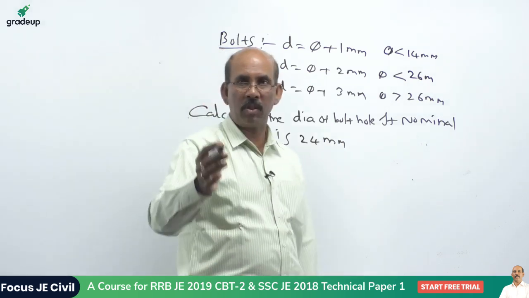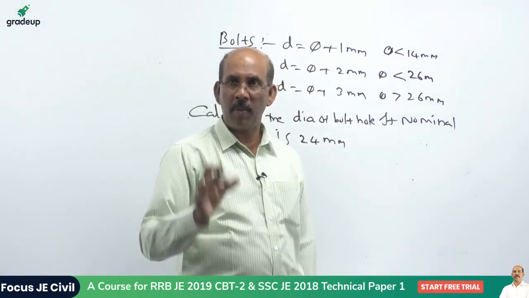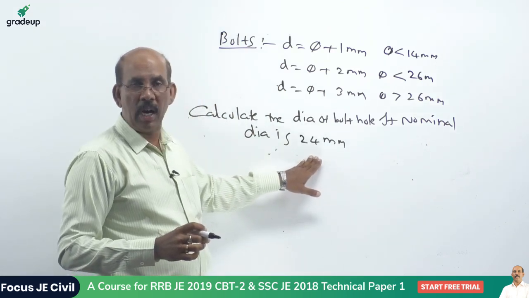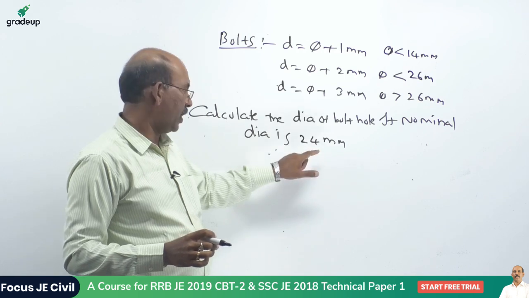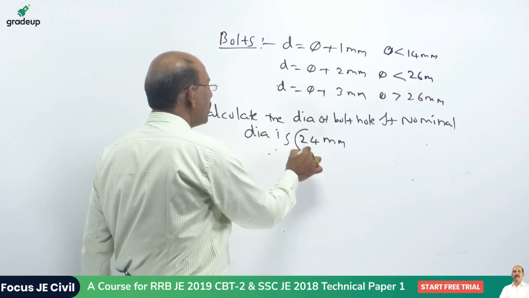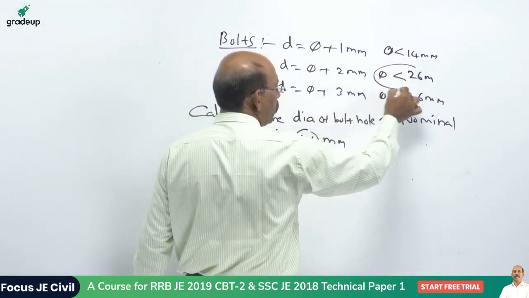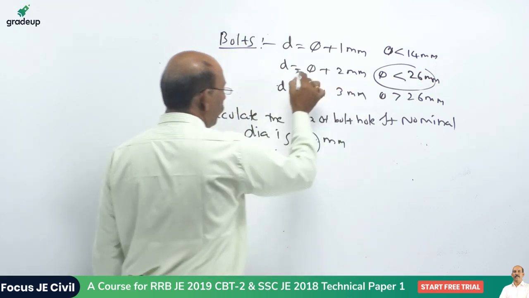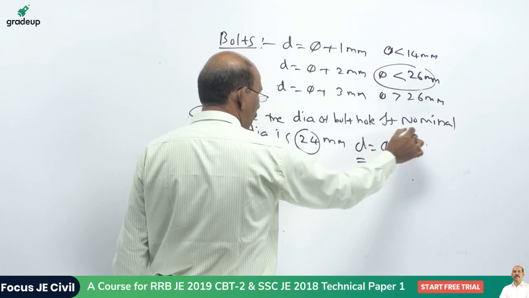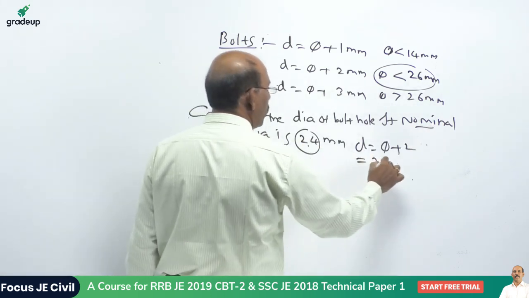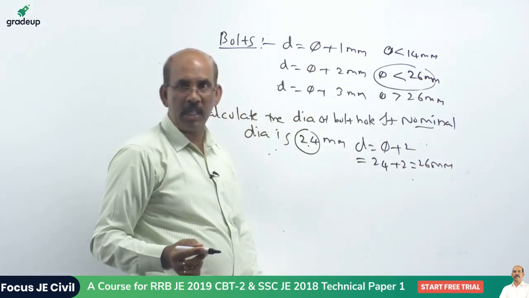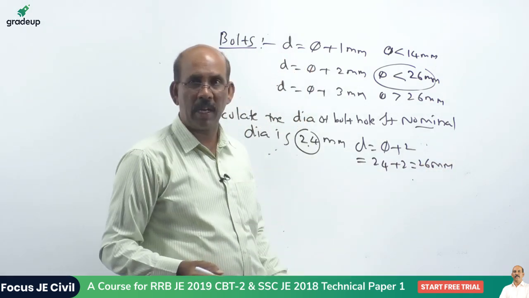So coming to this particular example, 24 millimeters is your value, and according to this rule, it very clearly says that phi is in this case less than 26 millimeters. Therefore, the diameter is equal to phi plus 2. The nominal dia is given as 24, so 24 plus 2 is 26 millimeters. So this is the answer for this particular example.